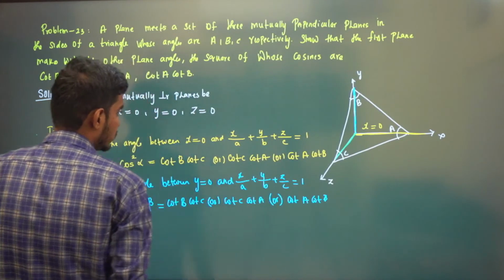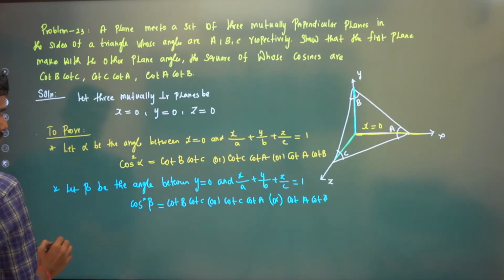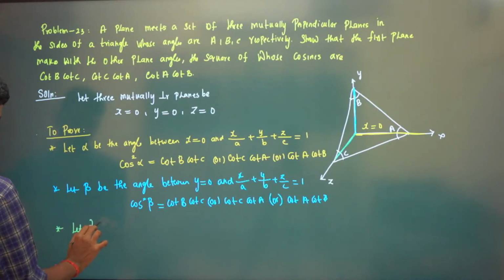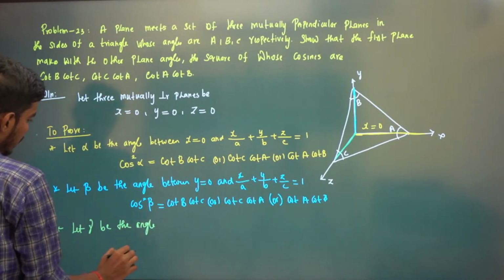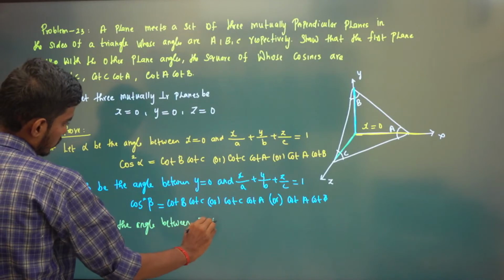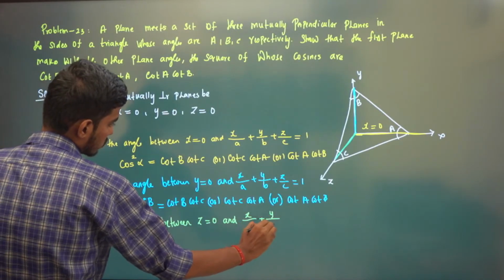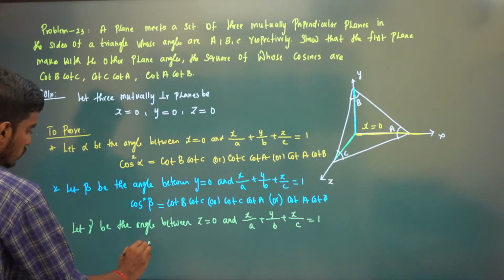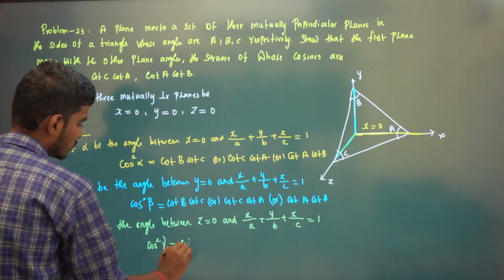And similarly, let gamma be the angle between z equals 0 and the plane. So we need to show cos square gamma is one of these three.